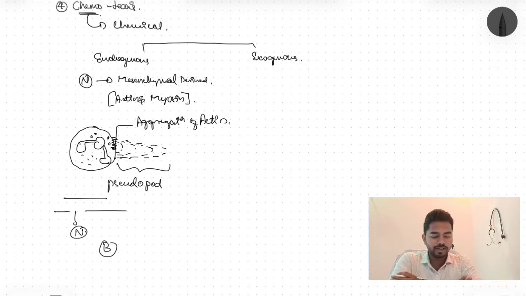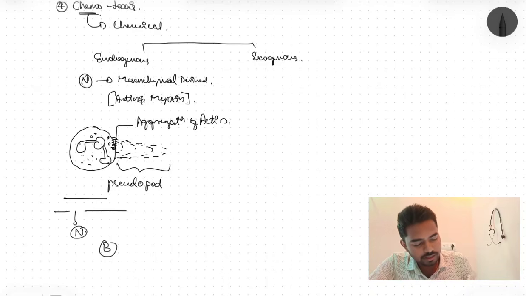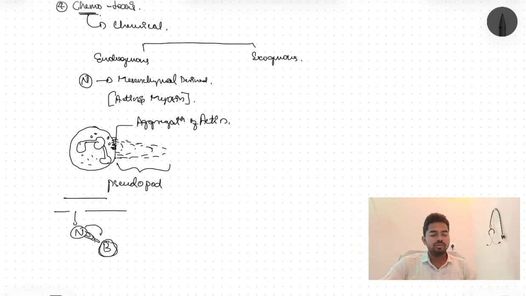It should search for bacteria, right? Then neutrophil will protract its pseudopod towards bacteria, and when this pseudopod reaches bacteria, this will retract neutrophil.